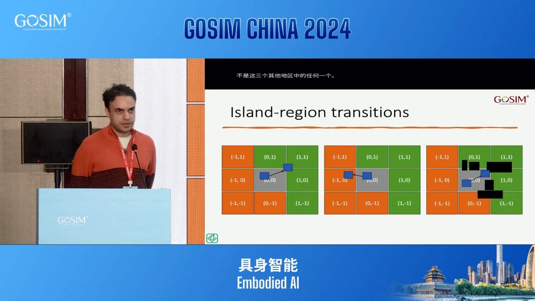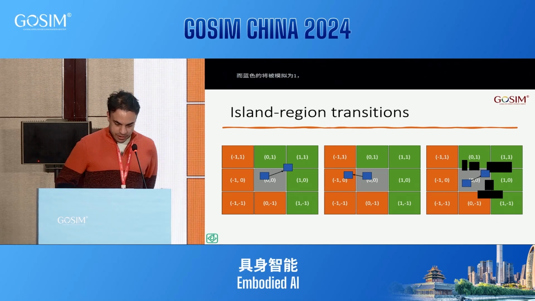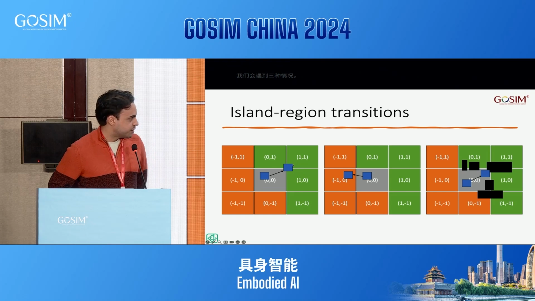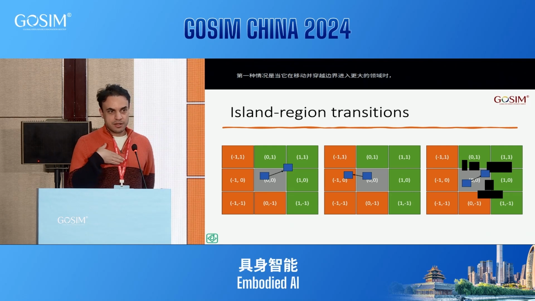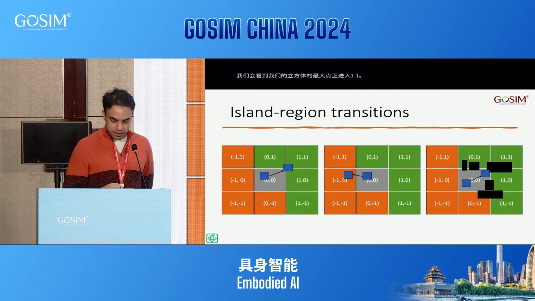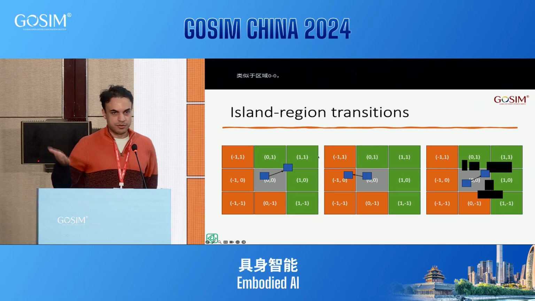Now, what happens is things start to move. Then we have three kinds of situations. The first situation is if it's moving and crossing the boundary toward a larger domain, we will see that here the max point of our cube is entering 1-1, so the region 0-0 will give ownership of the object to the region 1-1 and stop simulating my object so that 1-1 can take over the simulation.